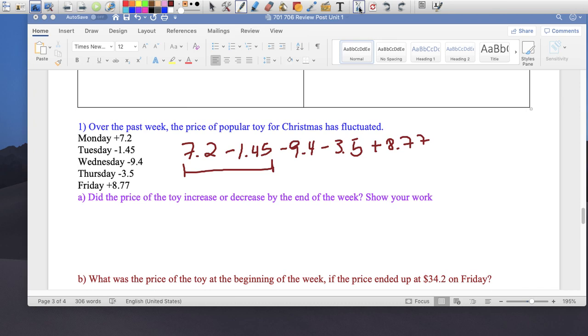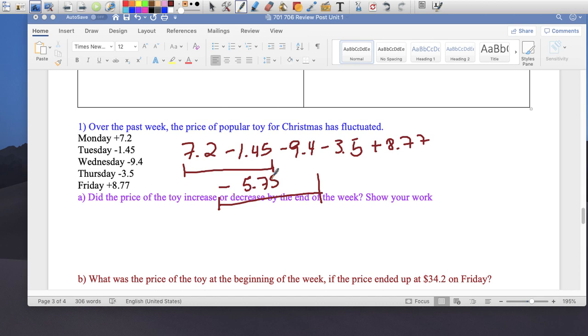I'm just going to do the whole thing. Minus 1.45. That's going to give us negative 5.75, right?